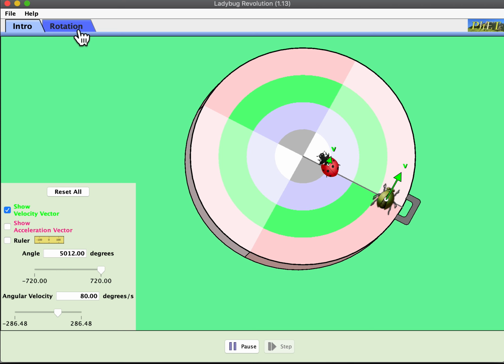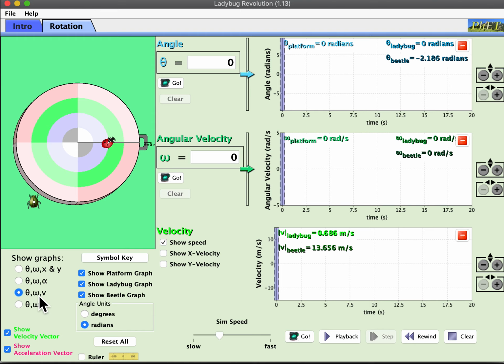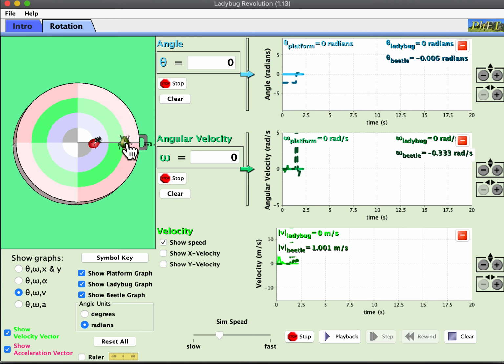Okay, and we can also do this with some graphs, which is useful to us. So let's see, I'm going to plot our angle, our angular velocity omega, and our velocity v. So in general, light green is going to be our ladybug, and dark green is going to be our beetle. And let's see, I will give the ladybug that position, I will give the beetle that position.